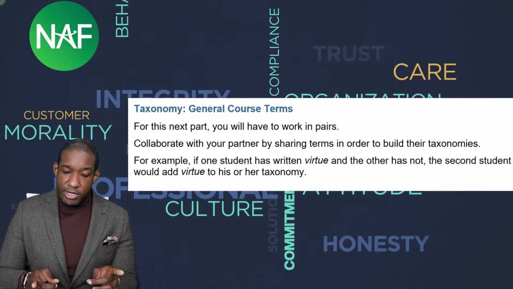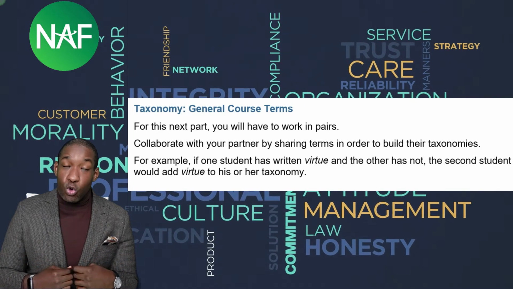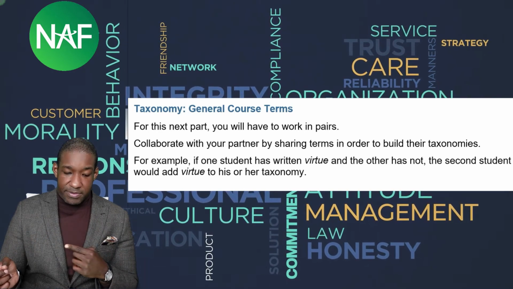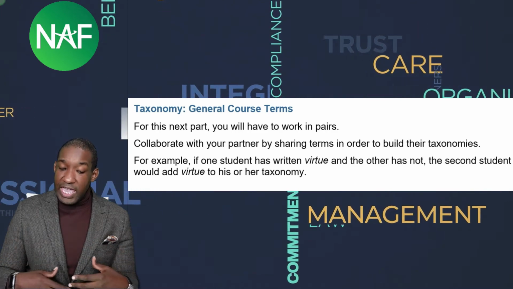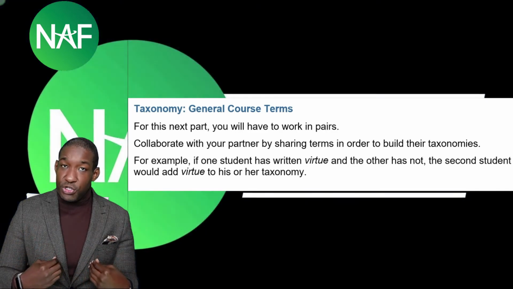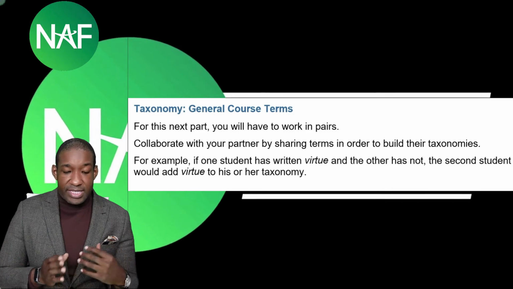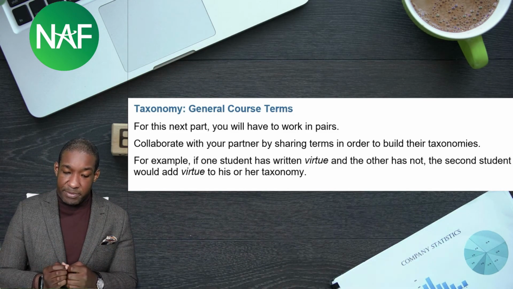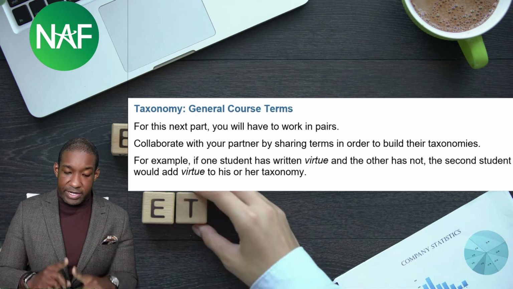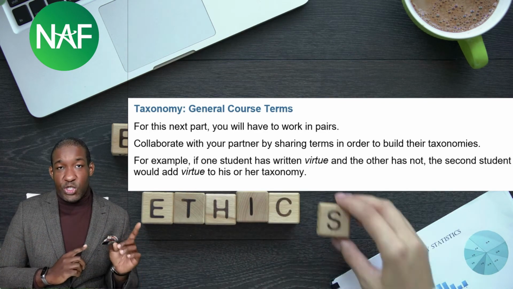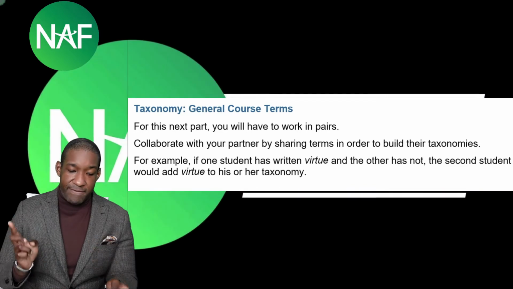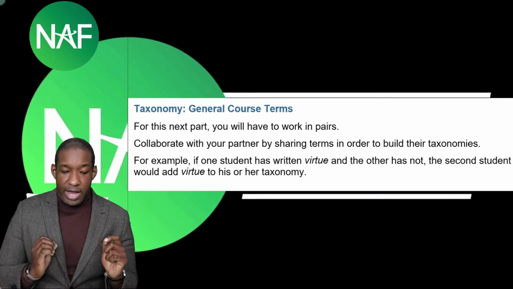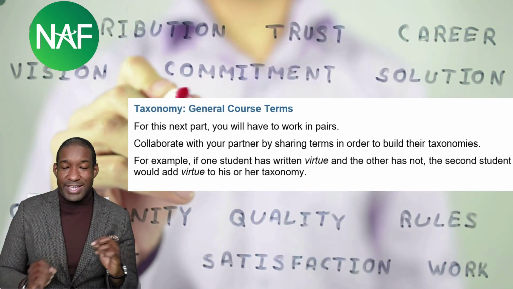Collaborate with your partner by sharing terms in order to build your taxonomies. For example, if one student has written virtue and the other has not, the second student would add virtue to his or her taxonomy. So work in pairs and share which items you may have that your partner may not have, or vice versa.